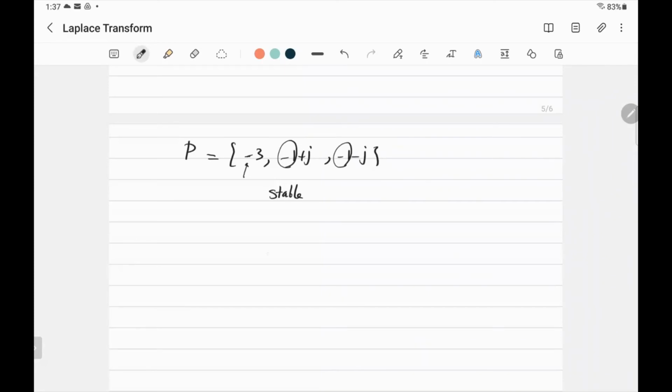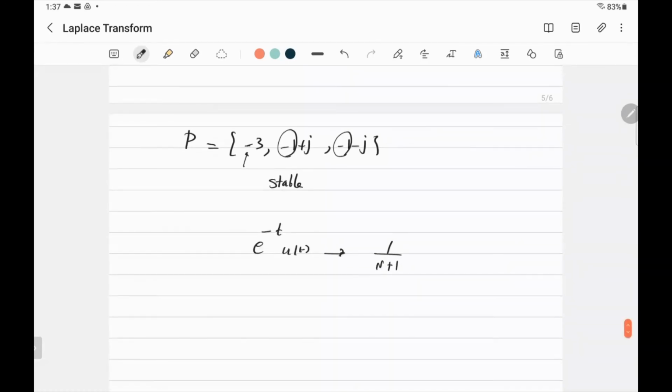What is the Laplace transform of e to the power of minus t? We just did it, right? It's equal to 1 over s plus 1, right? How do we sketch this in the time domain? But what if I ask, what's the Laplace transform of e to the power of t? 1 over s minus 1, right? How do we sketch this one?